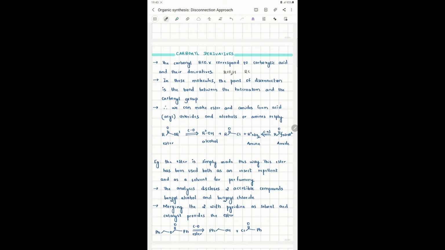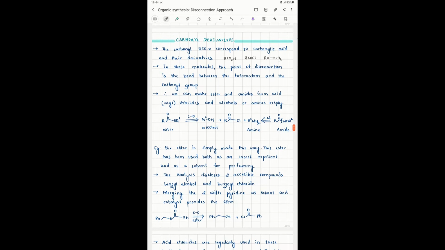Their derivatives can be RCOCl. Their derivatives can be an ester, RCOOCH3, and so on and so forth. We can observe here that it can be an ester derivative, an acyl chloride derivative or a carboxylic acid. In these molecules, the point of disconnection is the bond between the heteroatom and the carbonyl group.